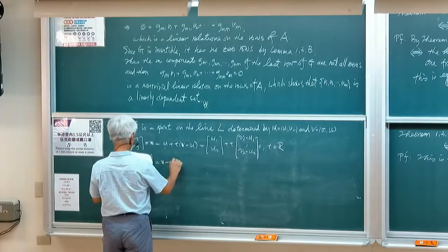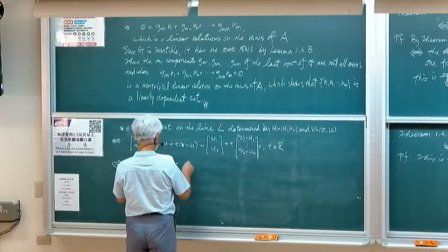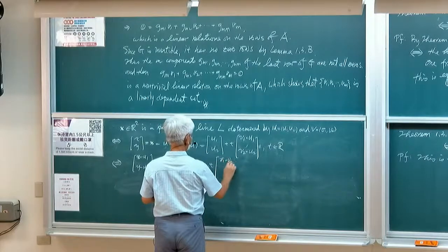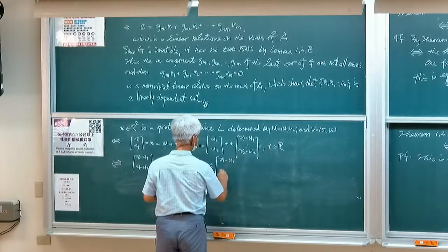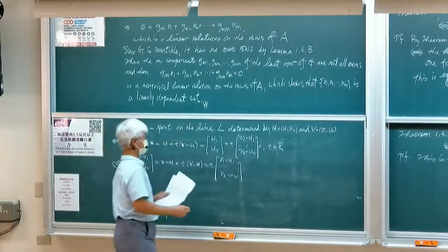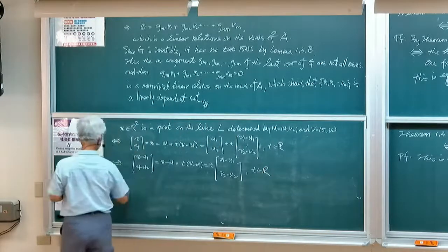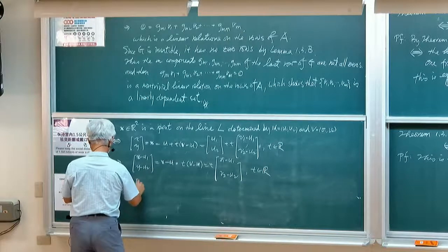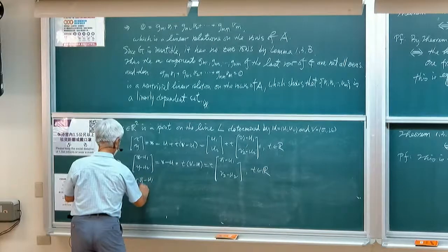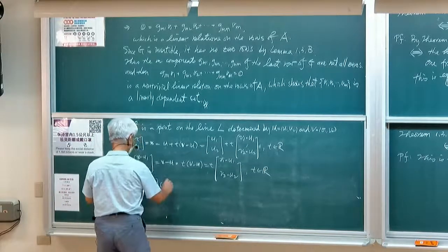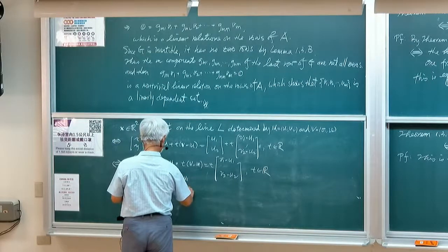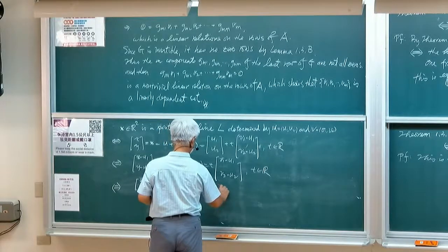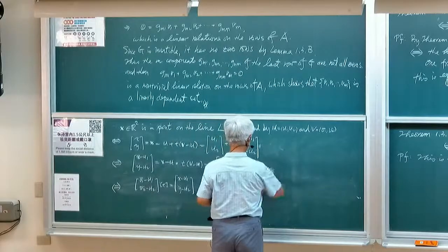This is x minus u, which is equal to t times (v minus u), that is t times (v1 minus u1, v2 minus u2), for some t in R. If and only if (v1 minus u1, v2 minus u2) t equals (x minus u1, y minus u2), for some t in R. Maybe I will write it more specifically.